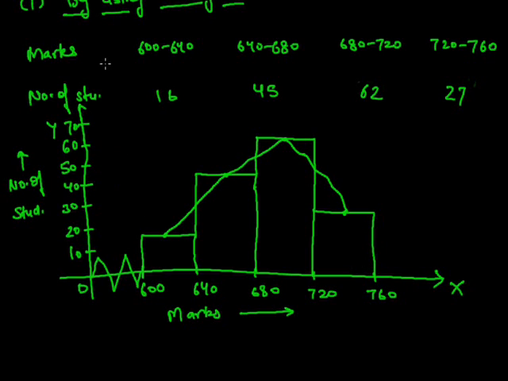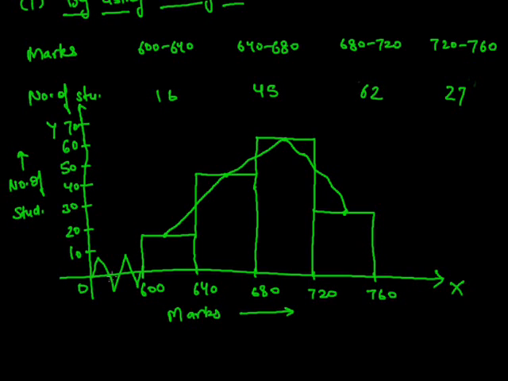Before 600 to 640, the class interval should be 560 to 600, and the midpoint will be 580. The number of students in that case is 0, because no students are given for 560 to 600, so we'll take it as 0, and the midpoint is 580.